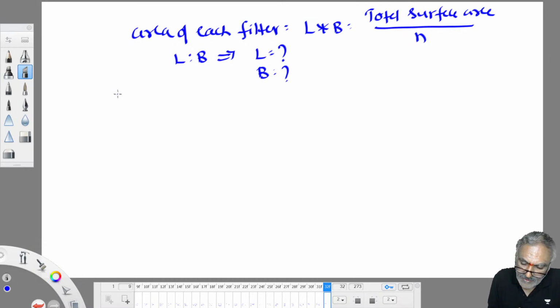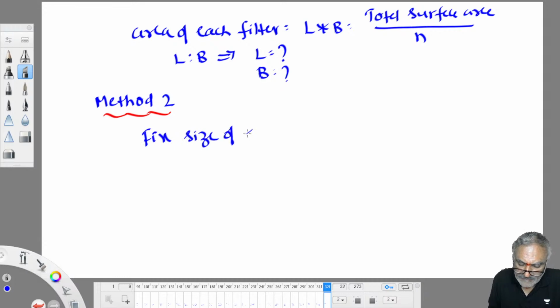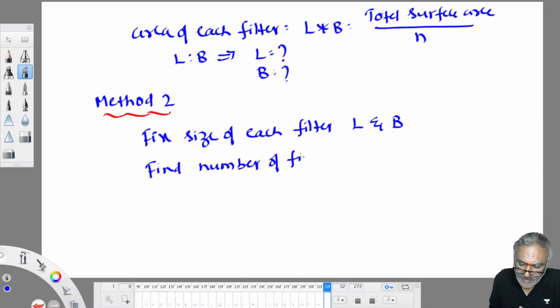So provide one or two extra filters as standby. And method 2, so simple, so easy: fix the size of each filter, L and B. Then find the number of filters. Size of each filter is known, so you can find the area of each filter.